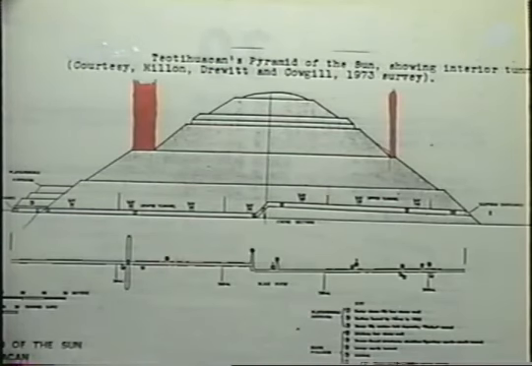Then, too, we have this. Seen in its side elevation as drawn by the University of Rochester following its 1973 site survey, Dr. Druitt of the University of Toronto was kind enough to send this along. Notice that the upper terraces of the sun were deliberately built off-center.